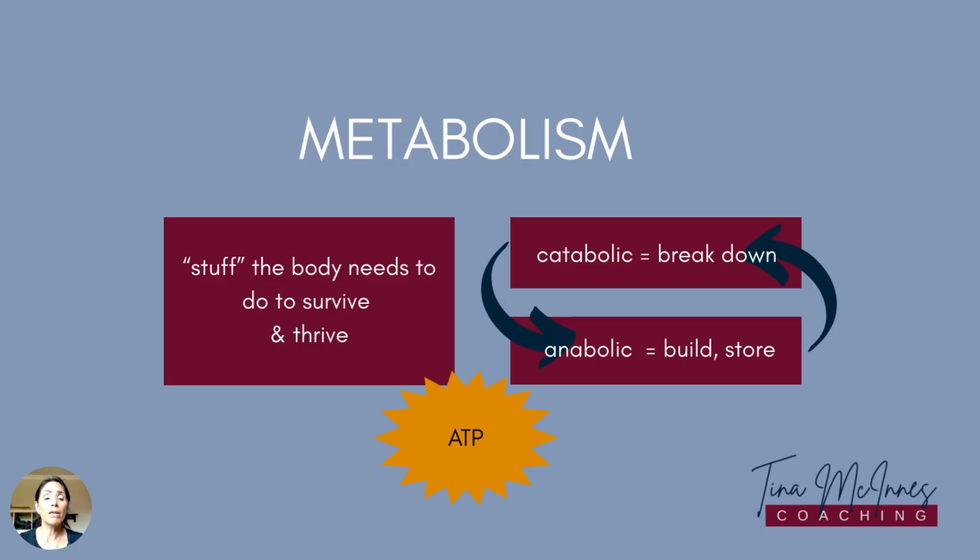Now, metabolism is broken down into two opposing but interrelated types of reactions: catabolic reactions and anabolic reactions. Catabolic reactions break down molecules to release energy as ATP, while anabolic processes require energy input as ATP to rebuild molecules.